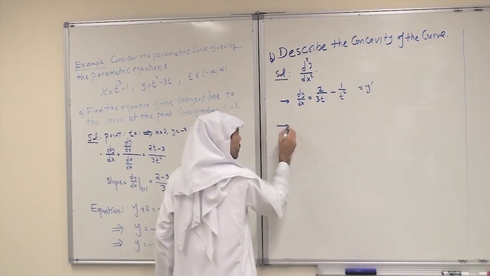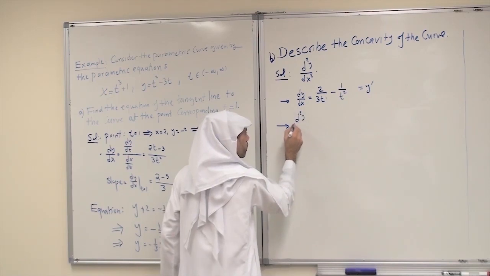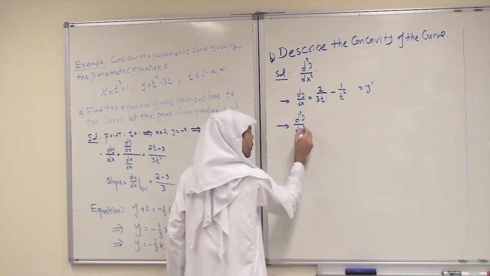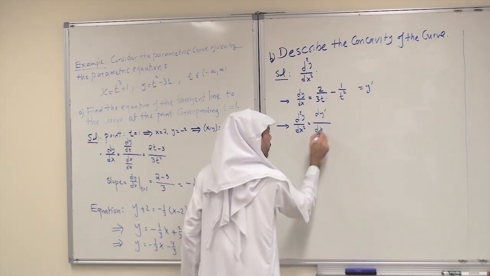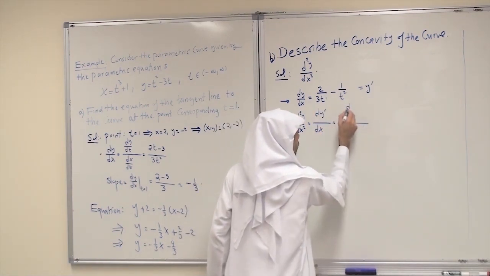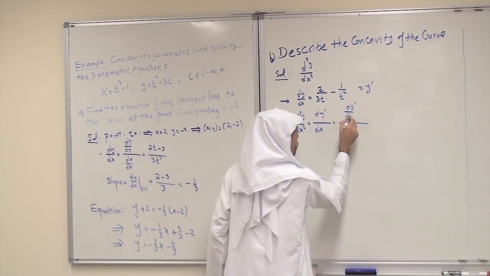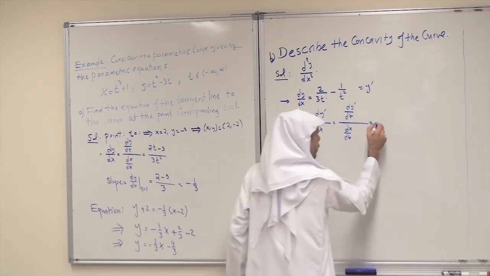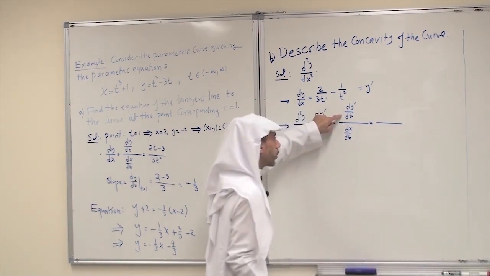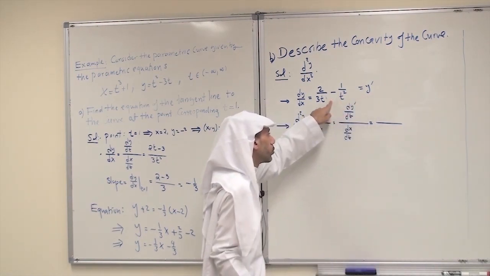For the second derivative, by the formula, this is again d(y prime)/dx, and this is d(y prime)/dt over dx/dt. To compute d(y prime)/dt, this is y prime, so just compute the derivative.